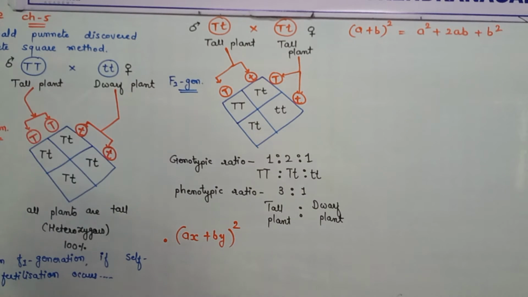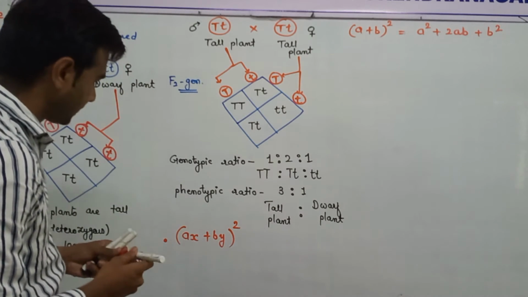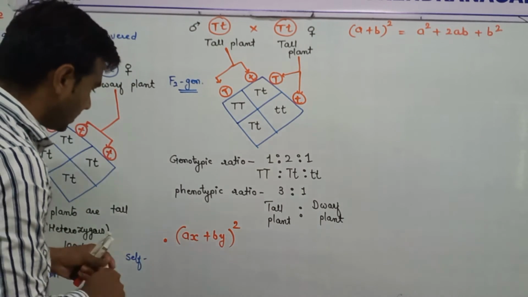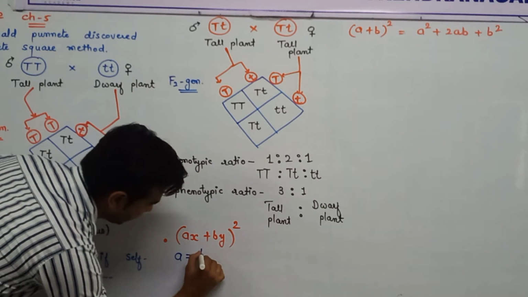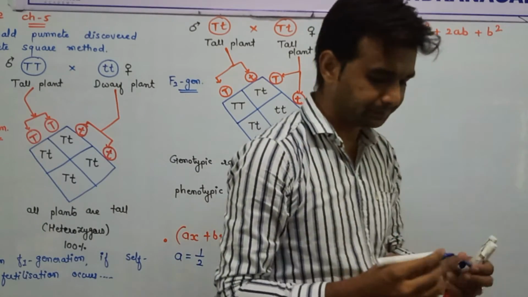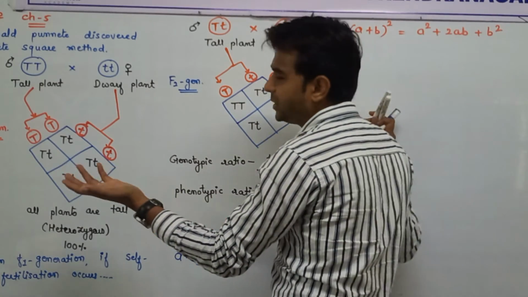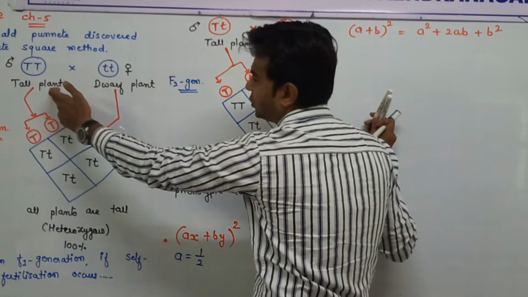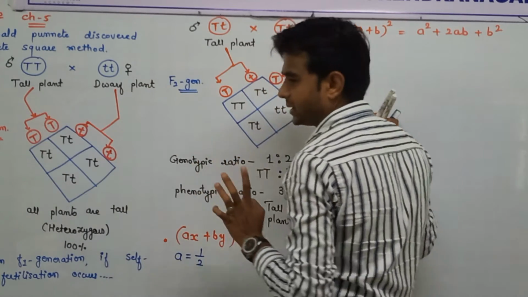So in this way, here you can take this polynomial and here the a value is equal to 1 by 2, 50 percentage, because see here, for example, in that tall plant two gametes are there, capital T and small t.